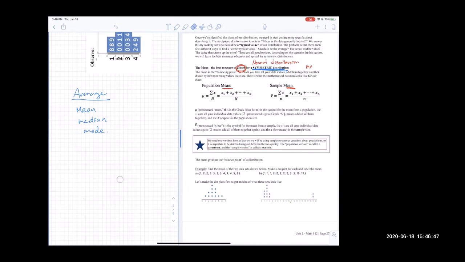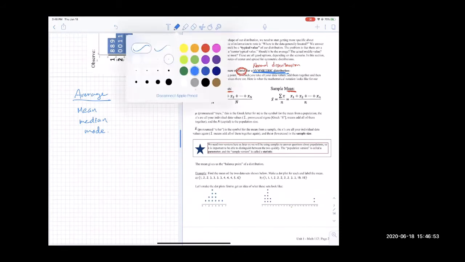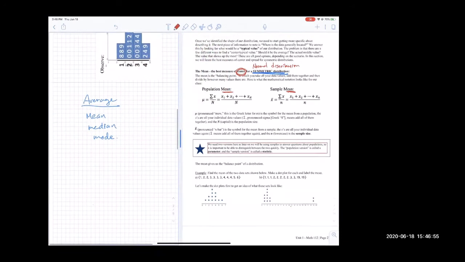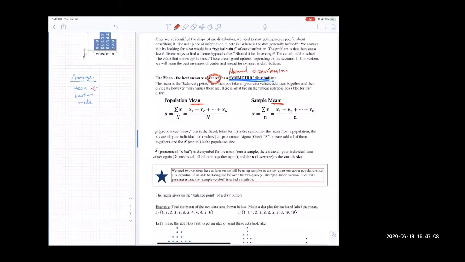The most commonly used is the mean. And how do you calculate the mean, which means how do you calculate the average? You add up all the numbers, and then you divide by the number of data.